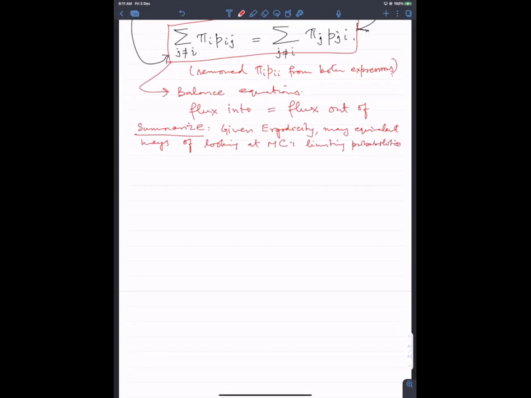One is stationary probability for state j. Stationary probability for state j, which is pi j, is equal to summation over i of pi i P_ij.